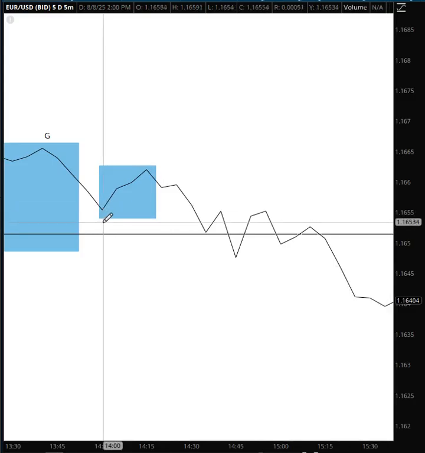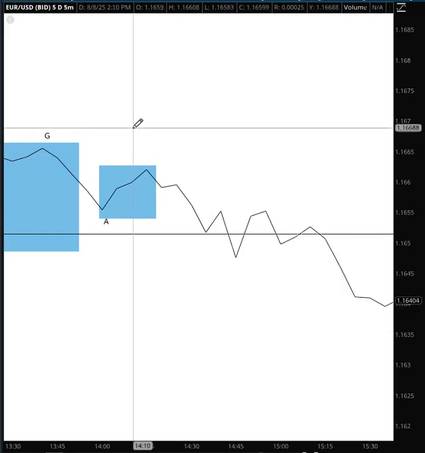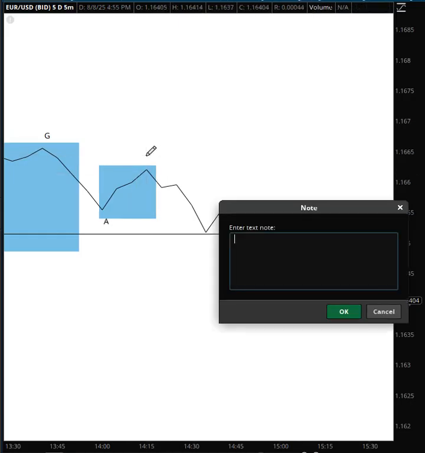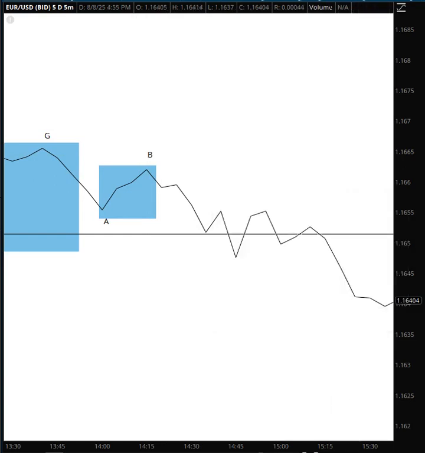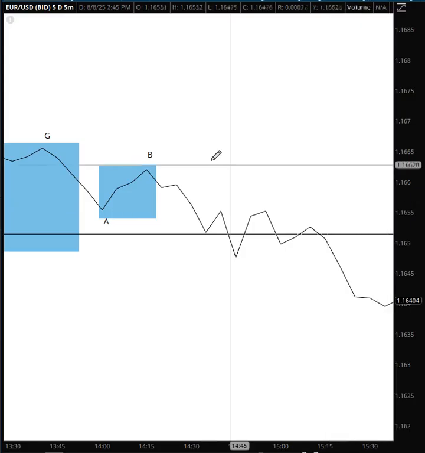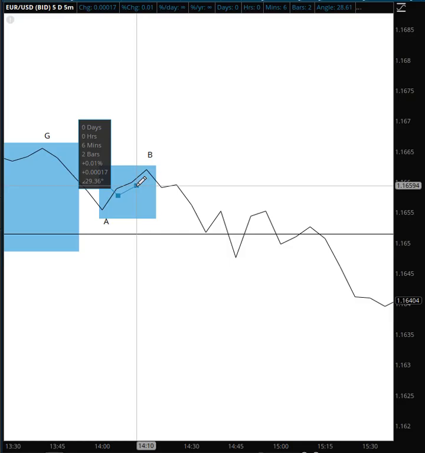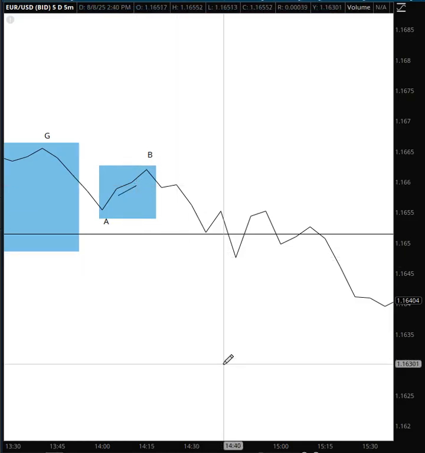We'll call that A, very typical, and we'll call this B, very typical, and then we have the slider right here. Okay. That appears every day in the market.